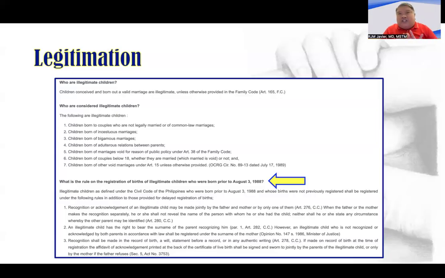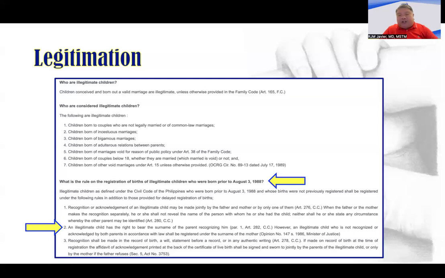Now, for illegitimate children, prior to August 3, 1988, if the father acknowledges them at the back, then that child can carry the surname of the father.